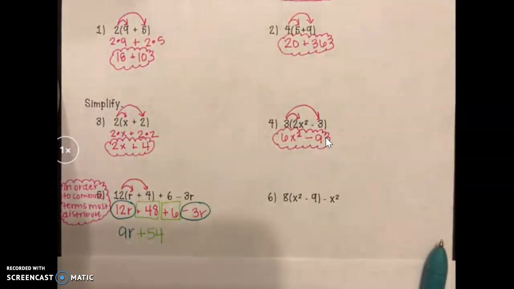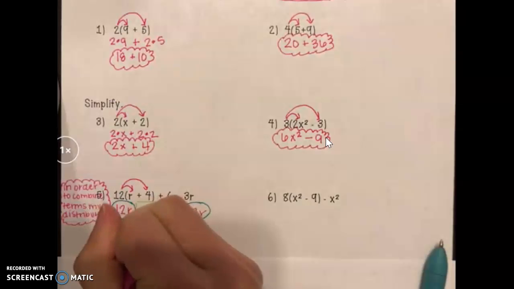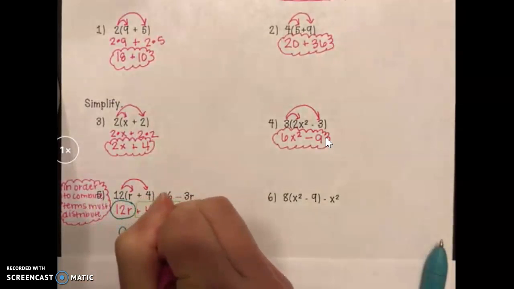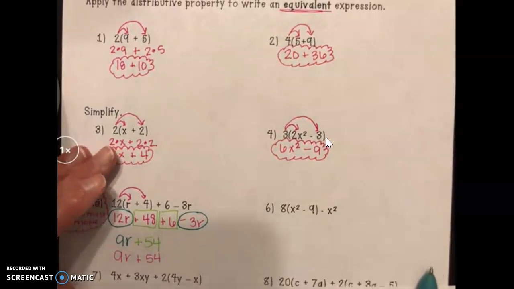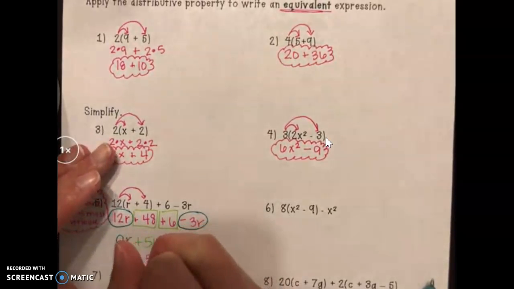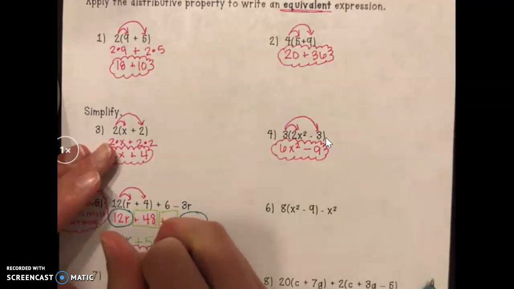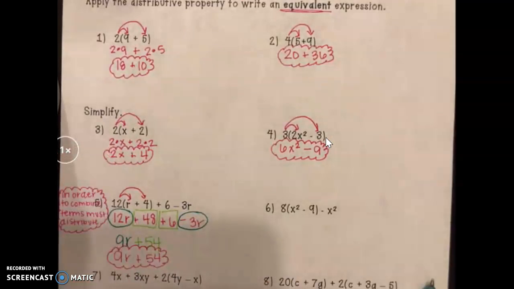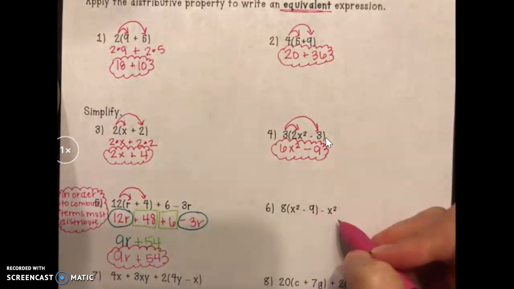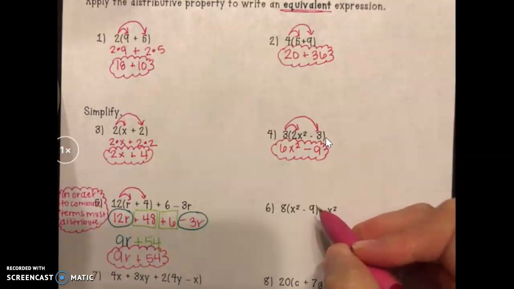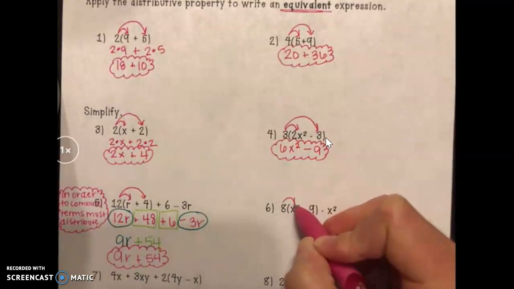So my final answer would be 9R plus 54. Okay? All right, so for number 6, I need to distribute. I'm looking here and I see I can't yet combine because I haven't distributed. So first things first, I'm going to distribute.